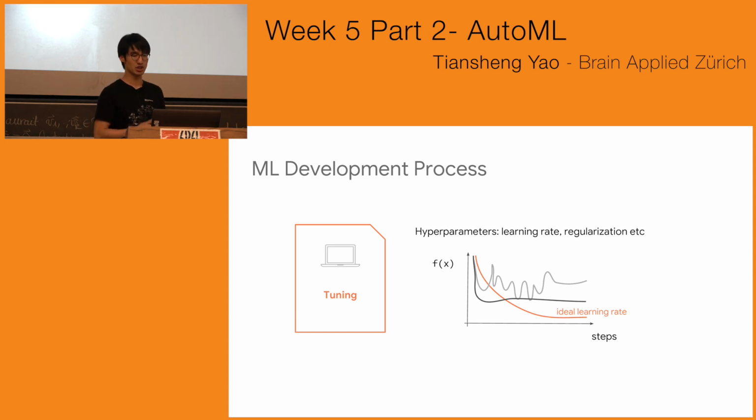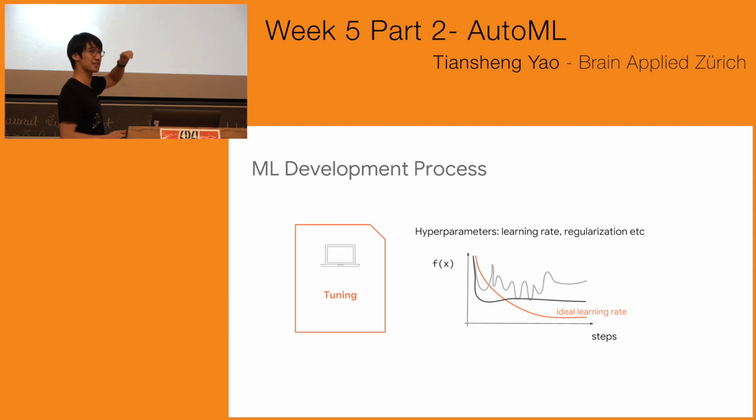I want to enumerate all the different hyperparameters, like the learning rate and regularization and what optimizer I'm going to use to solve my model. And these hyperparameters also matter a lot. If you are careless choosing your hyperparameters or get unlucky, you have a different learning curve. Here is an example comparing different learning rates.